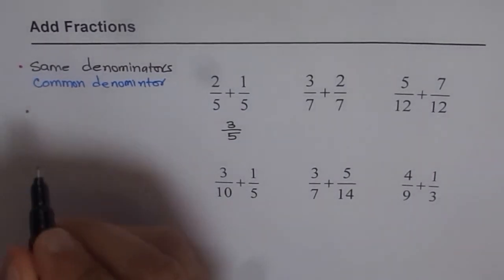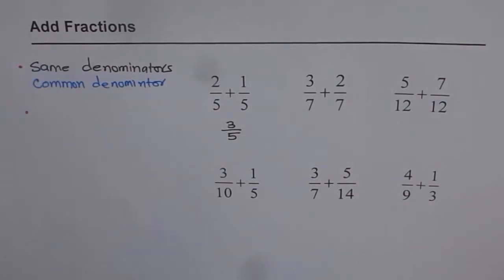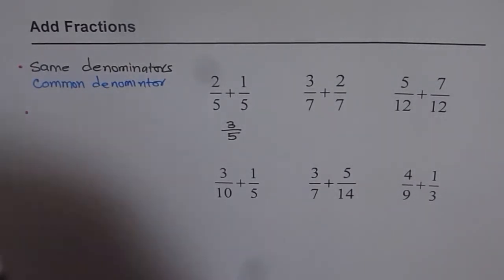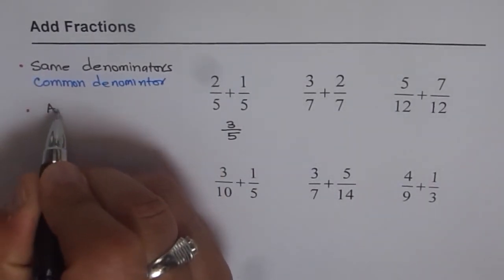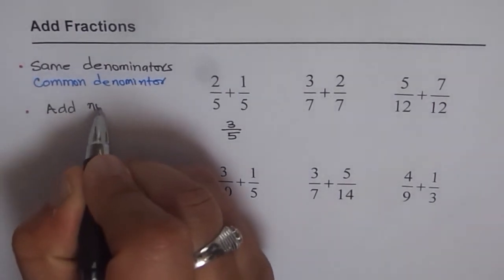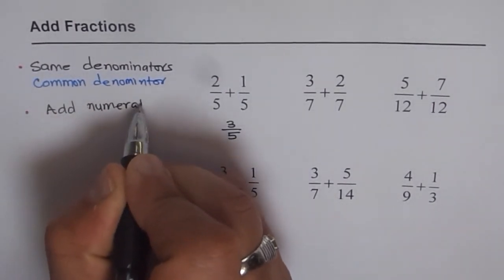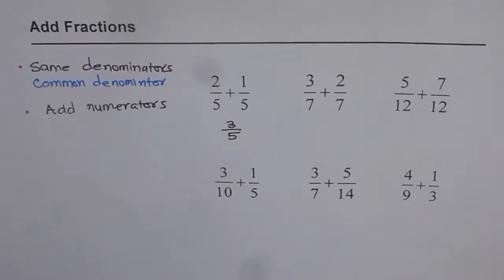So in that case, what should we do? We should add numerators, right? In that case, straight away, same or common denominator and then add numerators. And then you write down your answer.